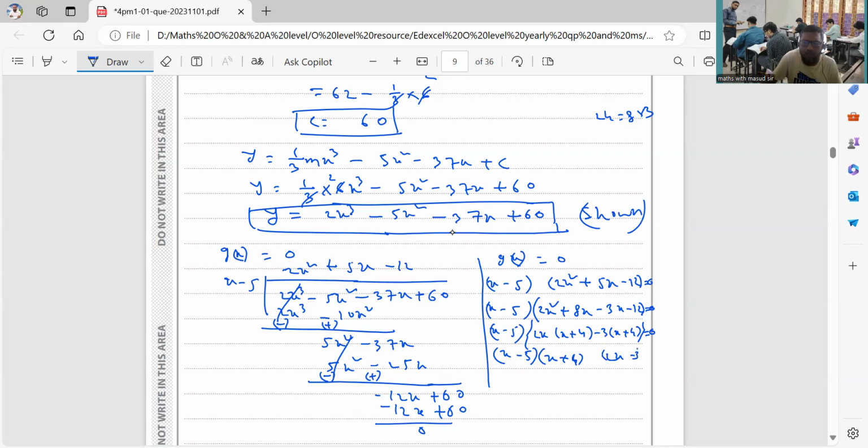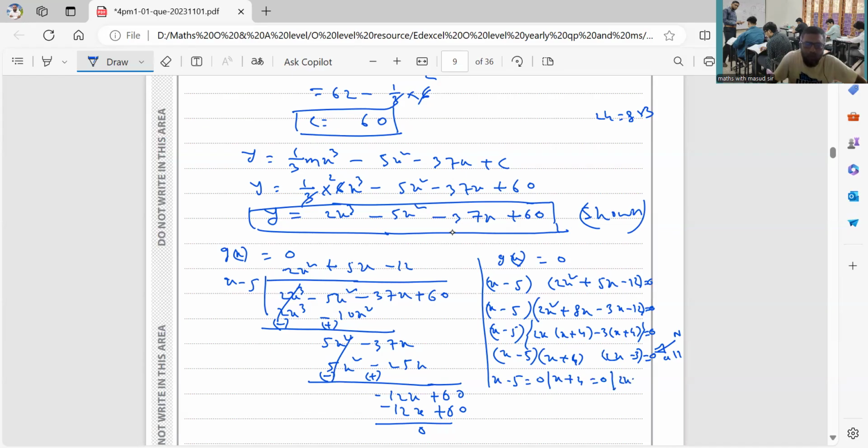So finally, we have got three factors. And that is called the null factor law. Null factor means x minus 5 equals 0, x plus 4 equals 0, and 2x minus 3 equals 0, because the question asks you to solve.